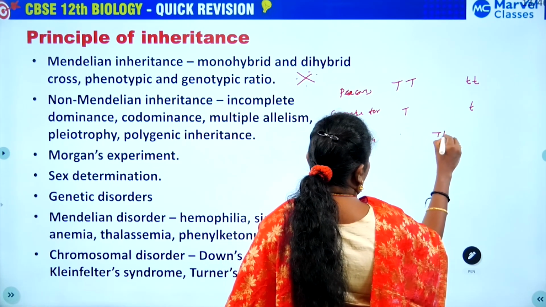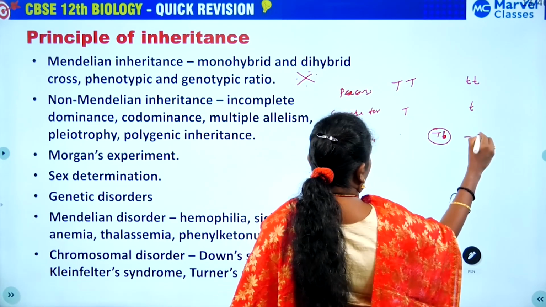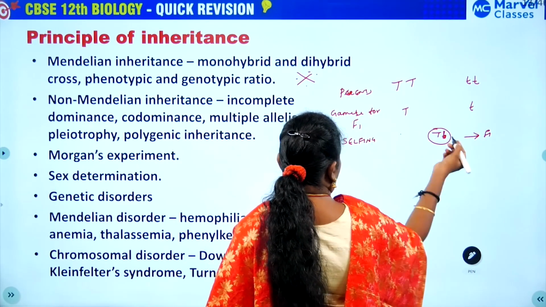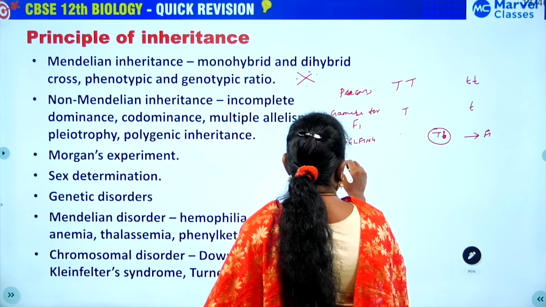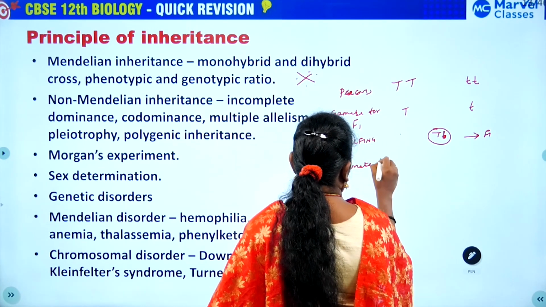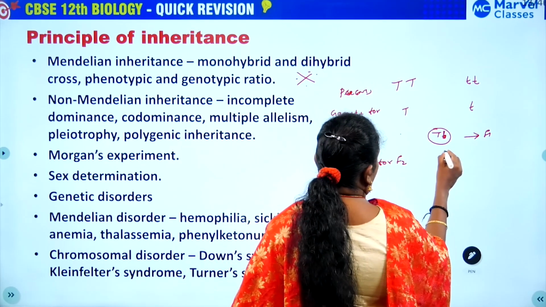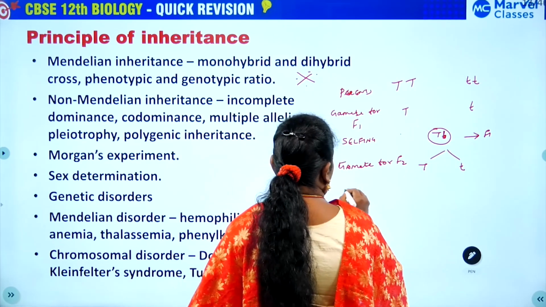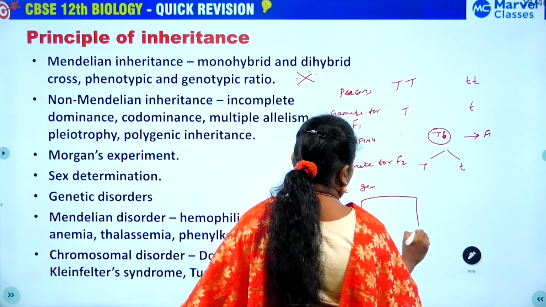So selfing we will get the F1 generation, then parents, gamete for F1, then F1 generation, then gamete for F2. So gamete for F2, equal chance, isn't it? And then write the F2 generation in a Punnett square.